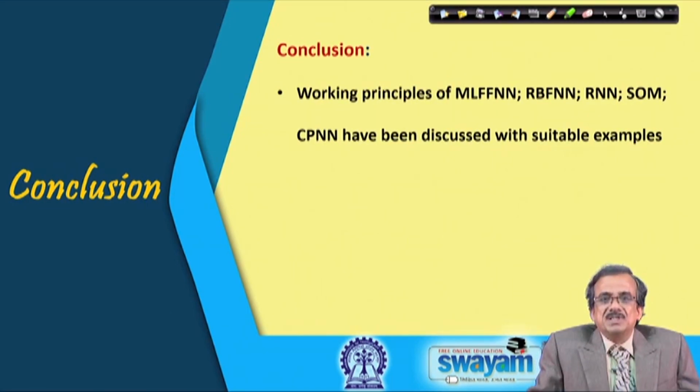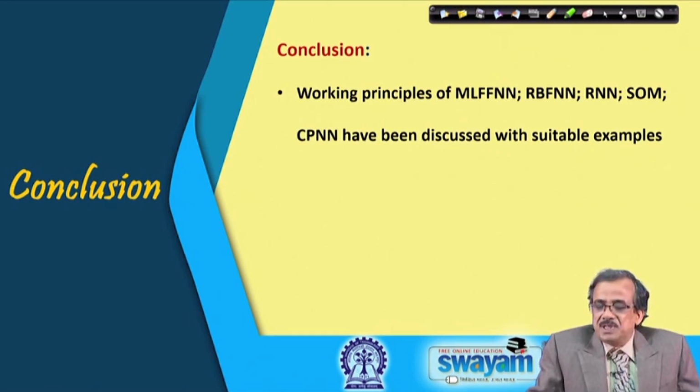We have discussed the principle of the multi-layered feed forward network, the radial basis function network, and then the recurrent network. These three networks work based on supervised learning, and then we concentrated on the self organizing map. It is a very efficient tool for dimensionality reduction or visualization.